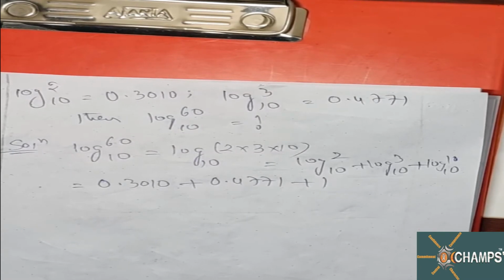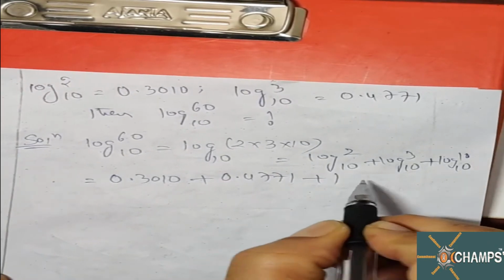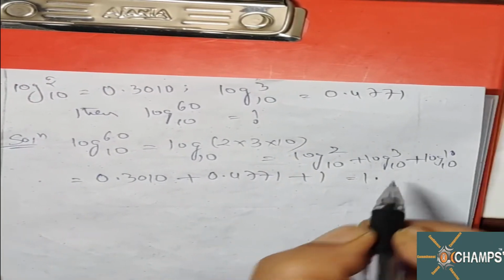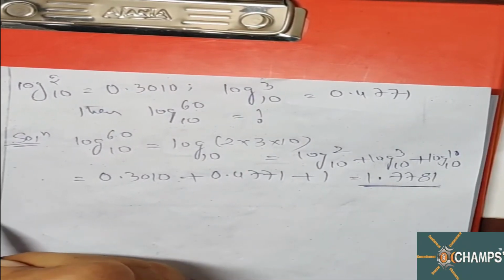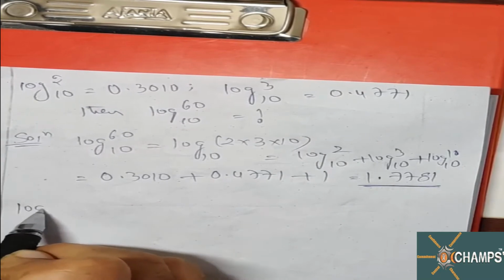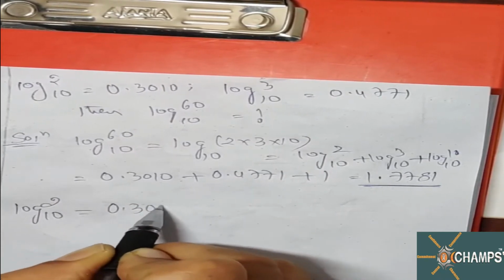0.3010 plus 0.4771 plus 1. This is 1.7781. This is the answer to this question. One more question. Log 2 to the base 10 is 0.3010.